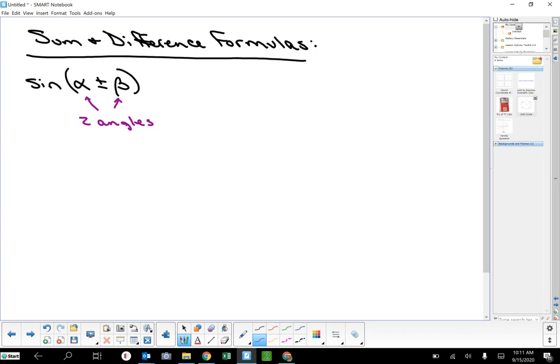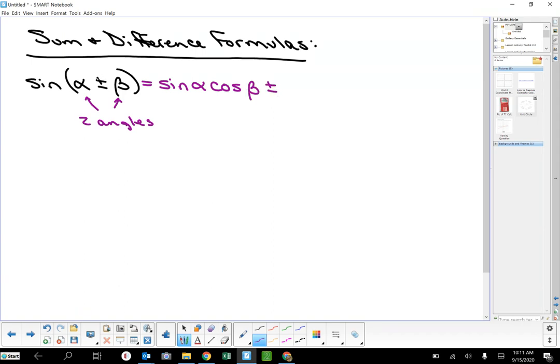You could see all sorts of different things, A and B, whatever they are. They're just two angles. Now you'll see the plus and minus here. So what's going to happen when I put this into the formula, we're going to have equals, and it's going to expand out as sine of alpha, cosine of beta, and then plus or minus.